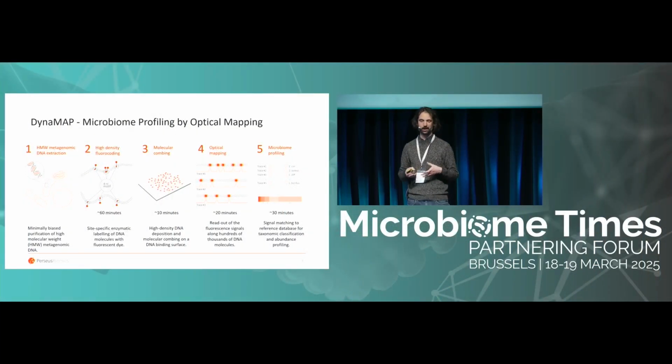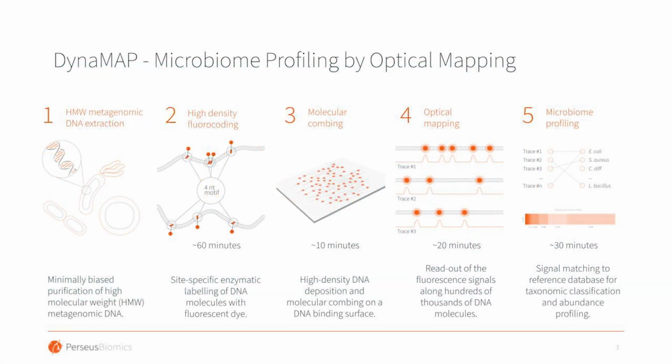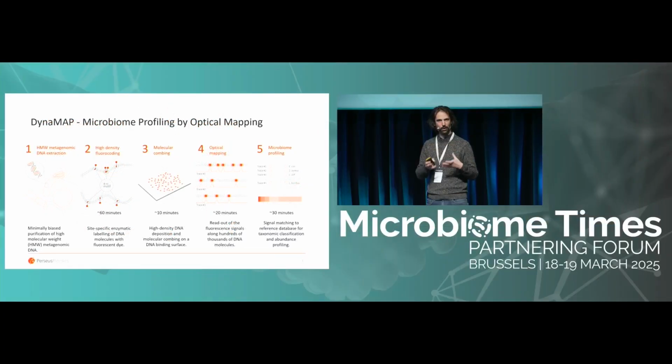Instead, we apply our high-density fluorescent labeling method. The way this works is we have enzymes, methyltransferases in fact, that target a specific 4-nucleotide word on the DNA. A word that we very commonly use is TCGA. So every occurrence of the 4-nucleotide sequence TCGA will receive one fluorescent molecule from our labeling mechanism.